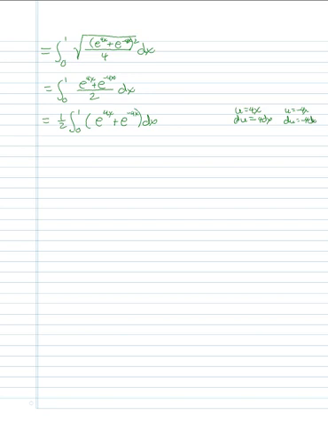But nevertheless, you can double check this. Here's what we're going to get. We have the 1/2, and the integral of e to the 4x is actually 1/4 e to the 4x. And we have plus, and the integral of e to the negative 4x is going to be negative 1/4 e to the negative 4x. And we're evaluating that from 0 to 1.